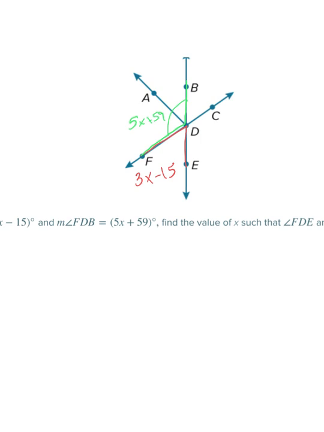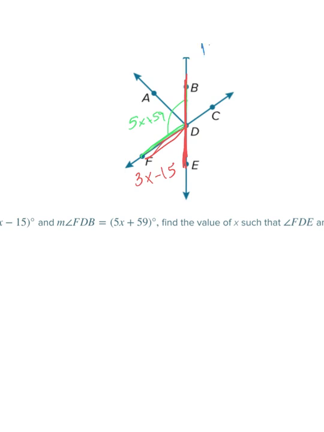Now, supplementary is a vocabulary word you should remember, in that supplementary angles add to 180 degrees. But if you couldn't remember what supplementary was, take a look at your diagram. We have our green angle plus our red angle together create a straight line.